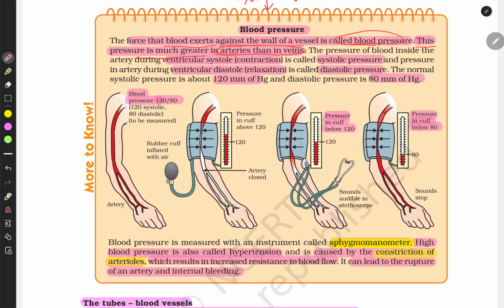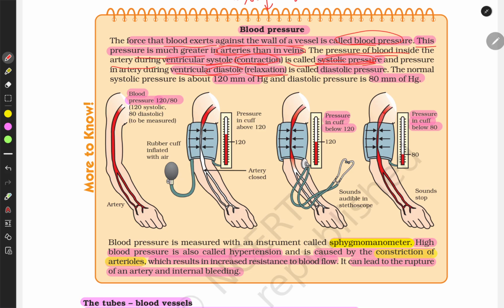And the pressure of blood inside the artery during ventricular systole, which is contraction, is called systolic pressure. When the heart contracts, there is a systolic pressure on the walls of the arteries, and ventricular diastole is relaxation.